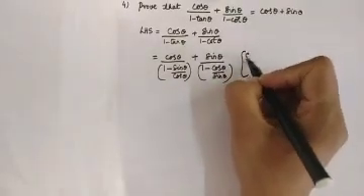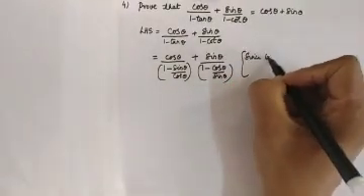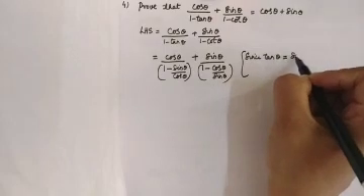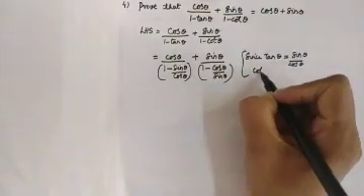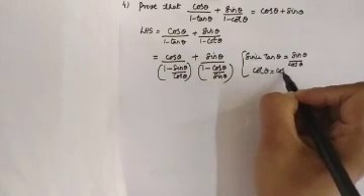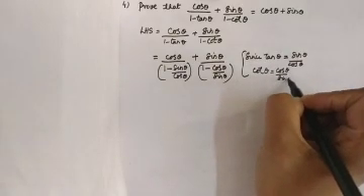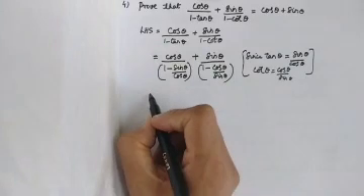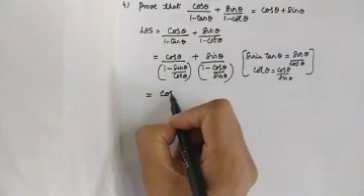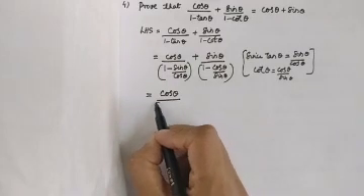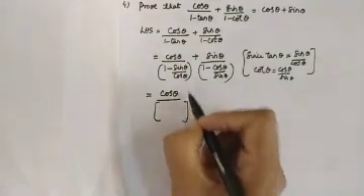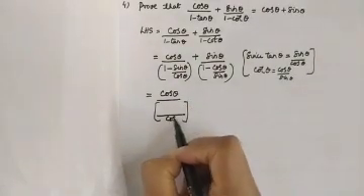So here since tan theta is equal to sin theta by cos theta and cot theta is equal to cos theta by sin theta. Now here cos theta by, you have to simplify this fraction. LCM here is cos theta.